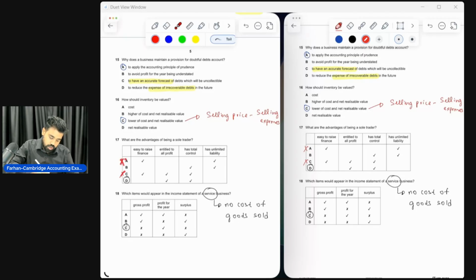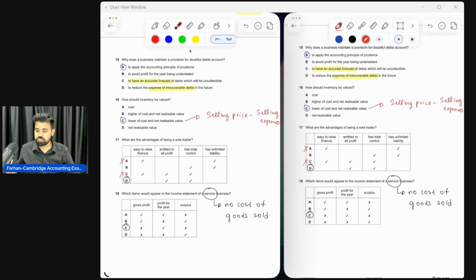But is he entitled to all profit because he is the only person in the business? Definitely. Does he have total control? Absolutely. So what about, does he have unlimited liability? No. Why? Because his personal assets are at risk.